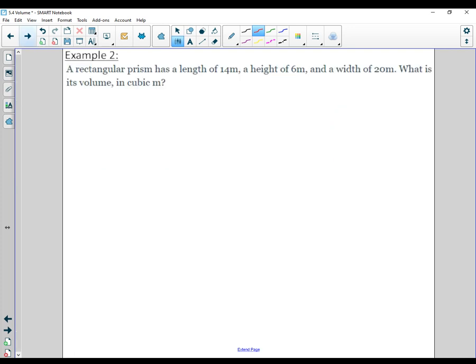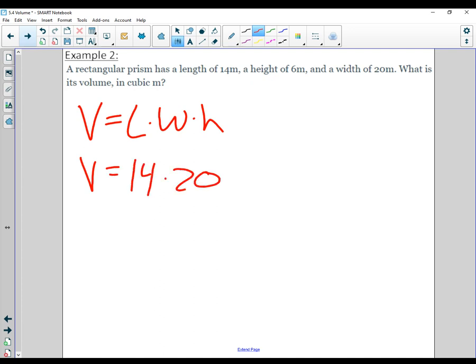Okay, example 2, same thing. Rectangular prism has a length of 14 meters, a height of 6 meters, and a width of 20 meters. What is the volume in cubic meters? So we have length times width times height. We have a length of 14, a width of 20, and a height of 6.